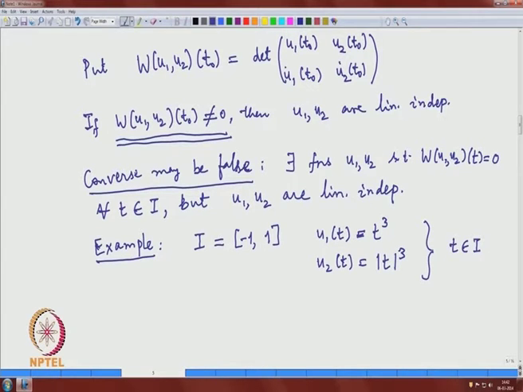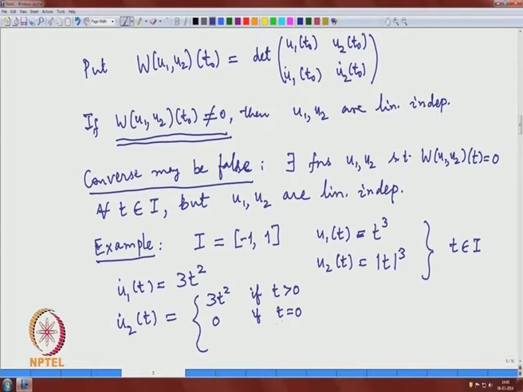So, you might have some trouble seeing that u2 is also differentiable. So, let me just mention that. u1 dot t, you easily do it. So, this is just 3 t square. u2 dot t, simple exercise. So, this is 3 t square if t is positive, just break this into several regions, 0 if t equal to 0, and minus 3 t square if t is negative.